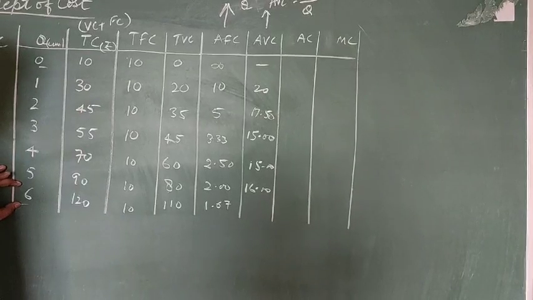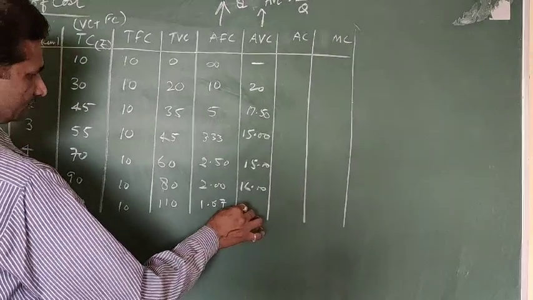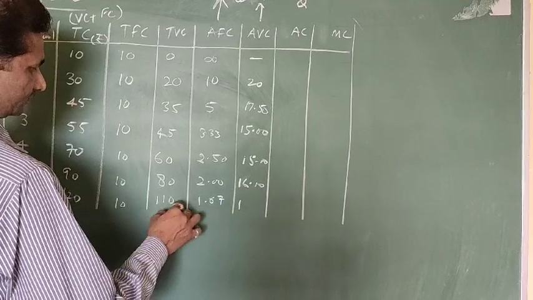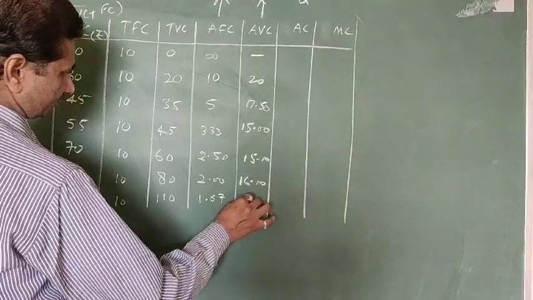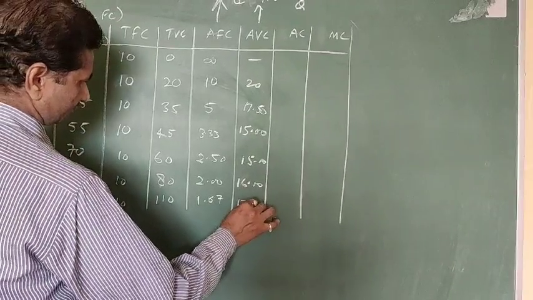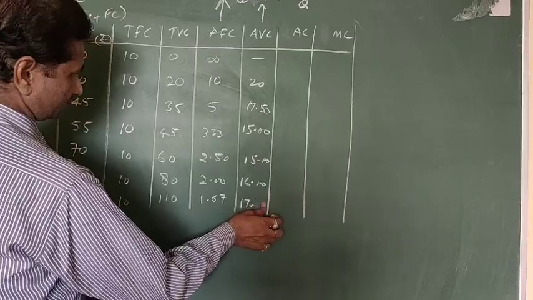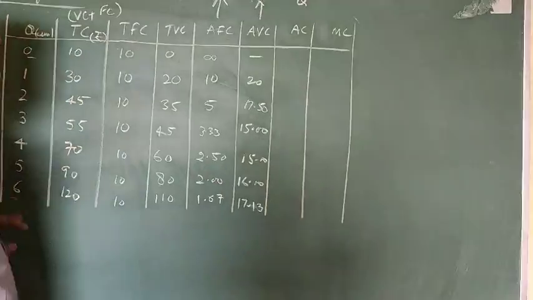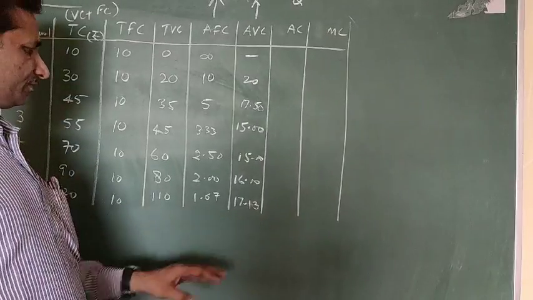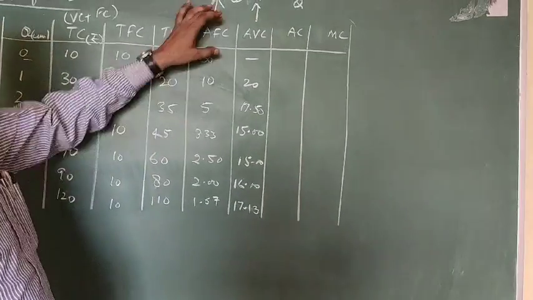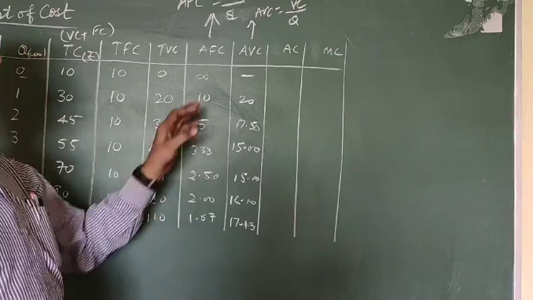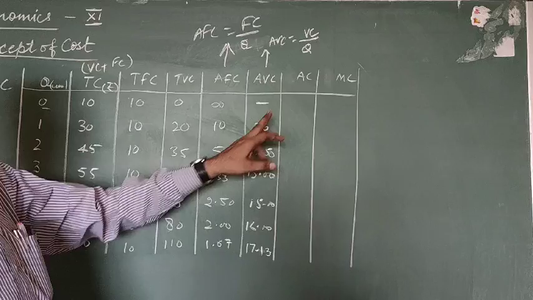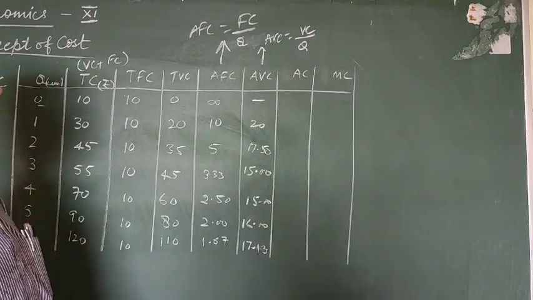And for 6 it is 17.13 approximately. So in this way we can calculate average variable cost, which is variable cost divided by the quantity. Here we are going to find average cost.